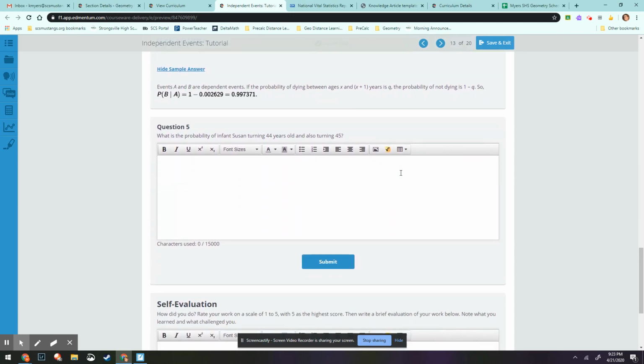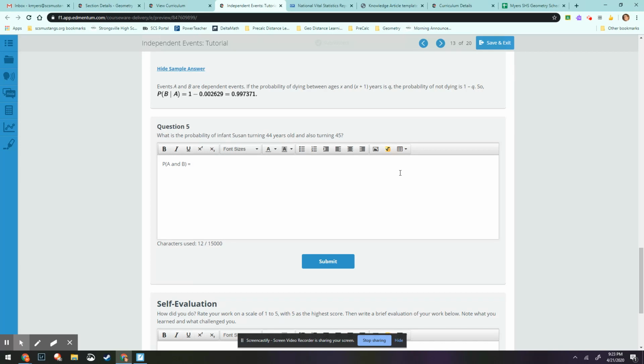All right, and then finally, question 5: what is the probability of infant Susan turning 44 and also turning 45? This is really asking for the probability of A and B. These are not independent events, so I can't just take the individual probabilities and multiply them together.